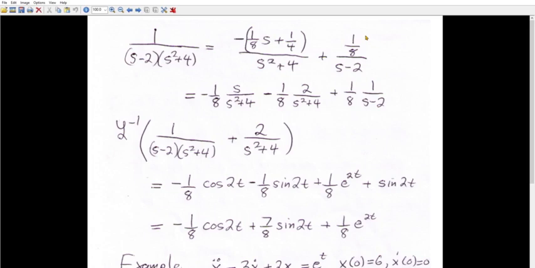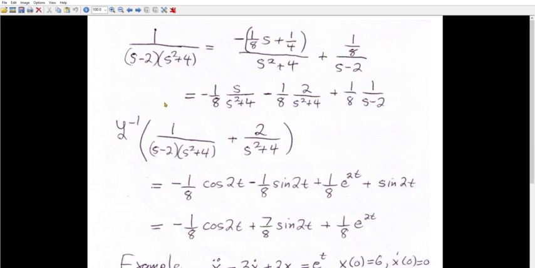We're now going to break that up as minus 1/8 times s over s squared plus 4. And now this is minus a quarter, but we're going to want to transform back to sine. So we want s squared plus 4 in the denominator and 2 in the numerator. So we write a quarter as minus an eighth times 2. And then we've got 1/8 times s minus 2.